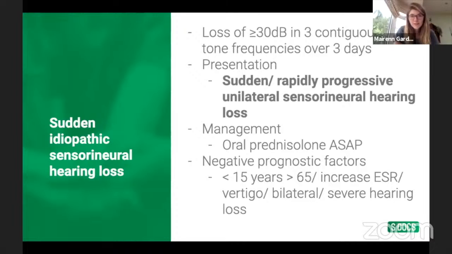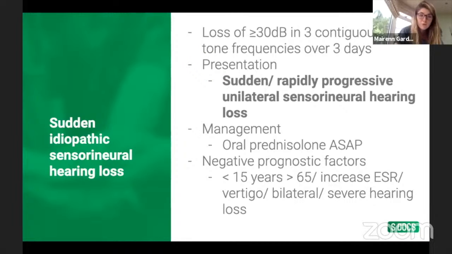If it's not treated in a timely manner, this can become permanent hearing loss. However, if given oral prednisolone as soon as possible, the outcomes have been shown to be quite effective. It's something that GPs often don't like prescribing and often refer to ENT, but giving oral prednisolone has massively shown to improve the prognostic factors.